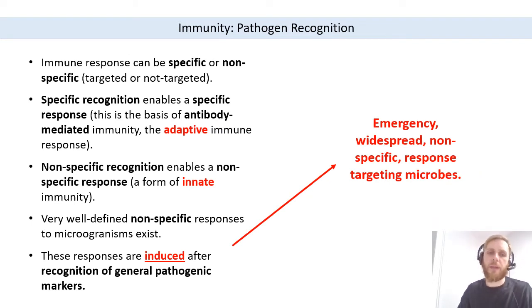So when we're talking about innate immunity, we're talking about this widespread, non-specific response that is designed to clear any microorganisms that are present within the host. And the nature of this response, being widespread, being broad, is problematic, because again, it can contribute to some pathologies.